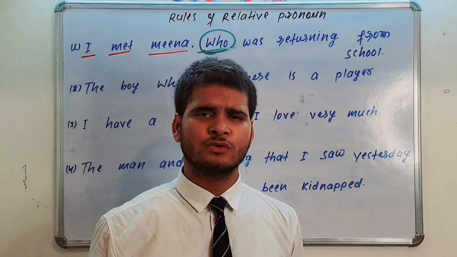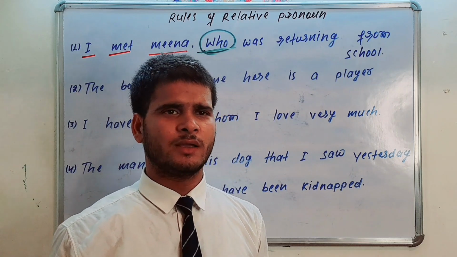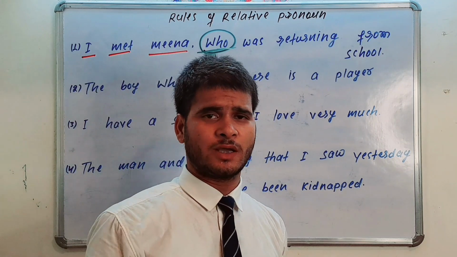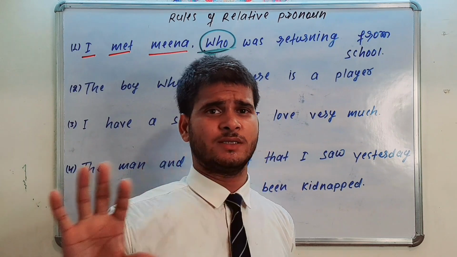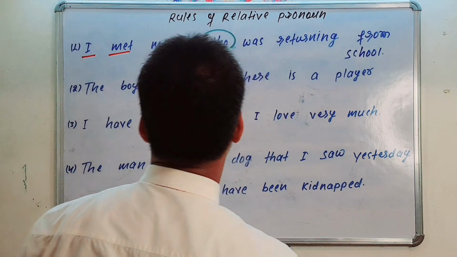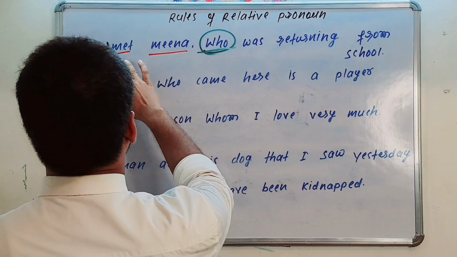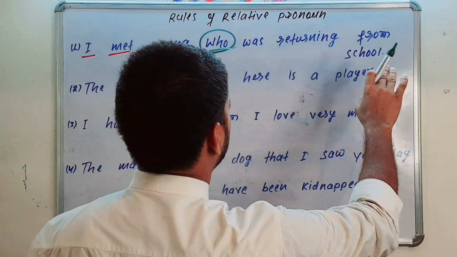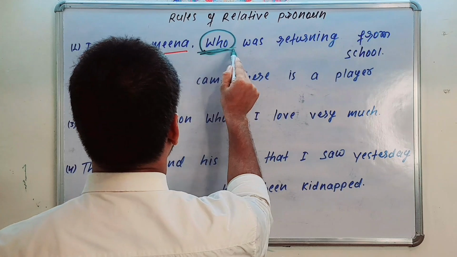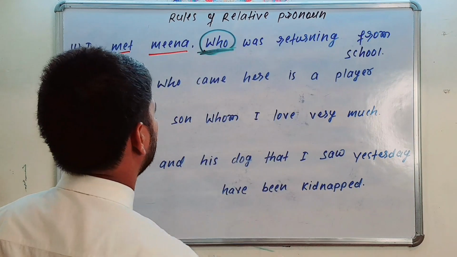I have told you everything about relative pronouns, so you can also understand better from the first video. So go and watch that video and understand more. I met Veena who was returning from school. This who is a relative pronoun.